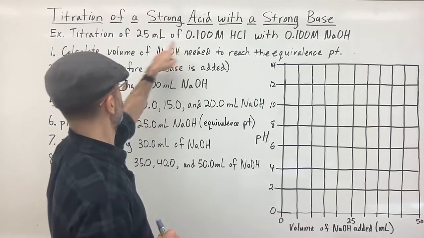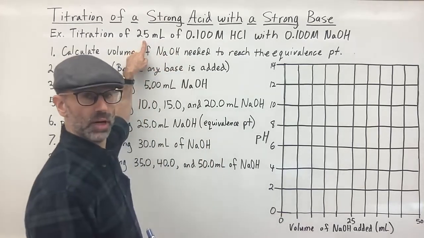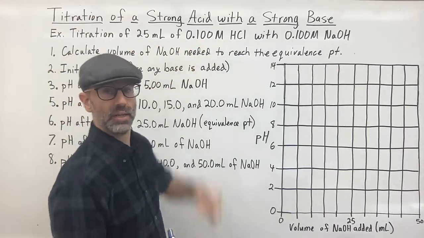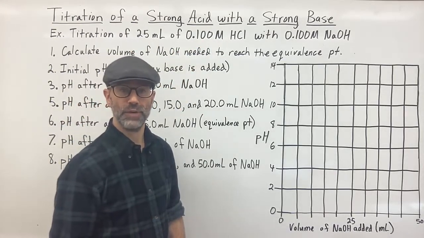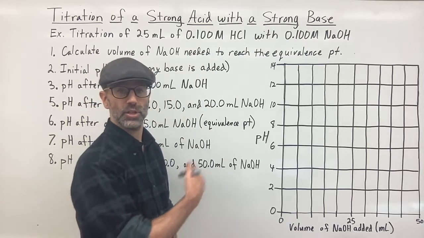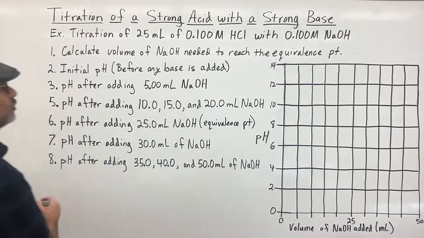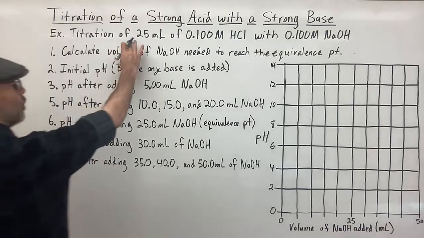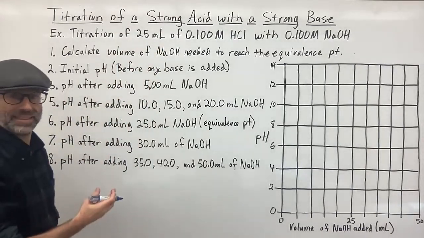Since we're given the volume of our strong acid and the molarity, we can use the molarity as a conversion factor to convert milliliters to moles. So let's do that. We're given 25 milliliters. We're going to have to convert that to liters.